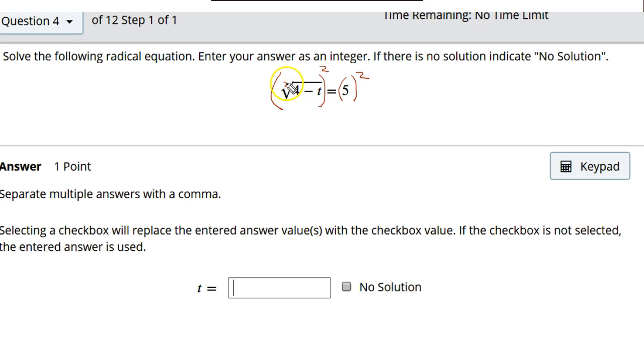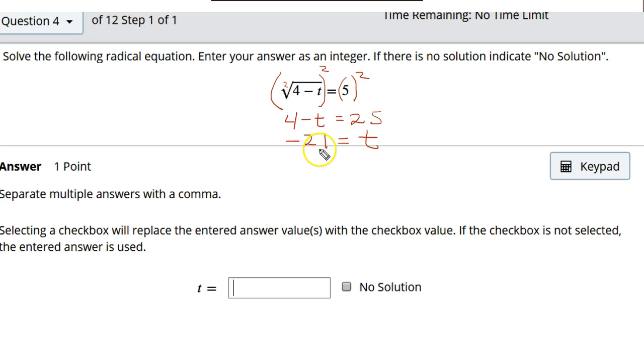So then this just becomes the radicand. 4 minus t equals 25. And if we want our t to be positive, we move it over to this side, and that becomes a positive t. Move the 25 over to this side, becomes a negative 25, and 4 gives me a negative 21.